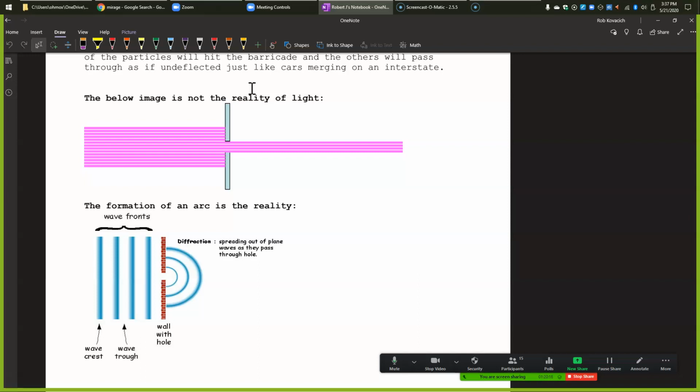Okay. So, if you take a flashlight and put a piece of duct tape over it, and then take a really sharp knife and cut a slit into it, and then shine it at a wall, you don't get what you expect.